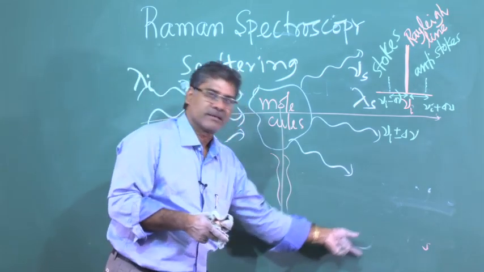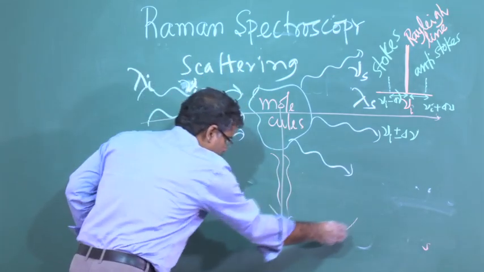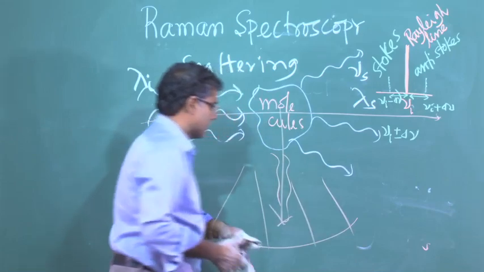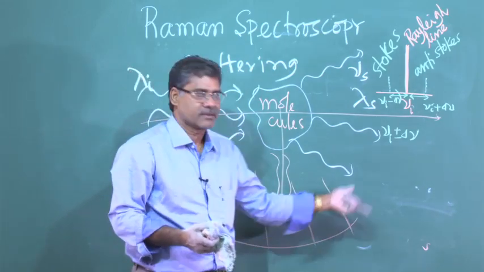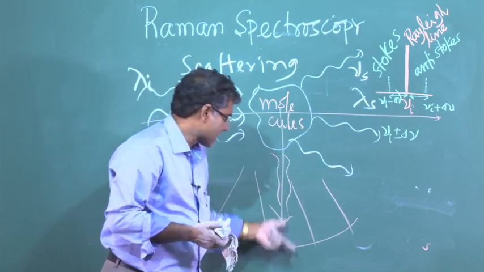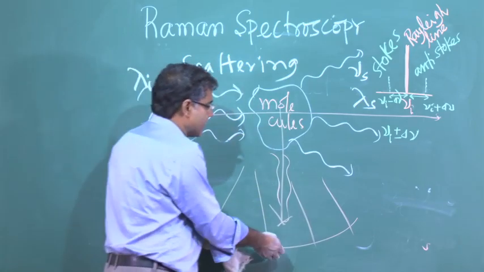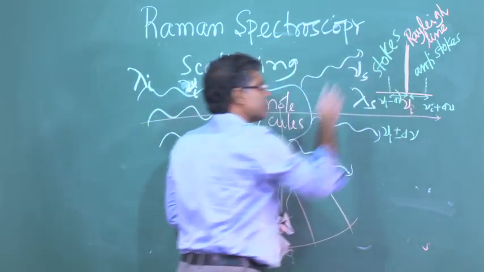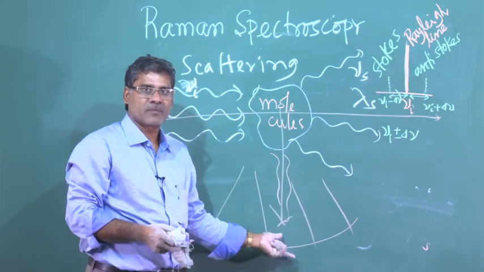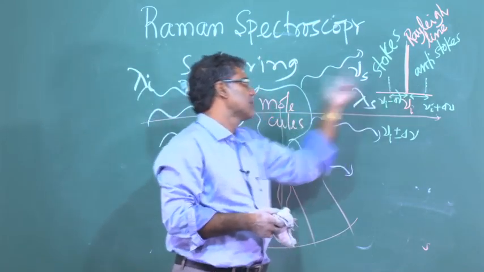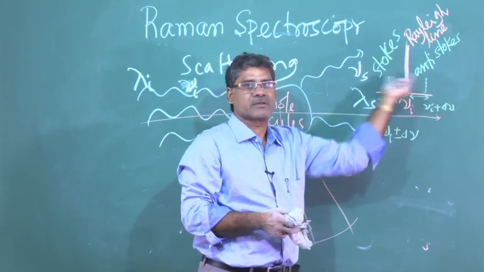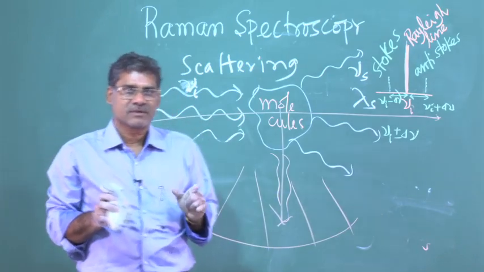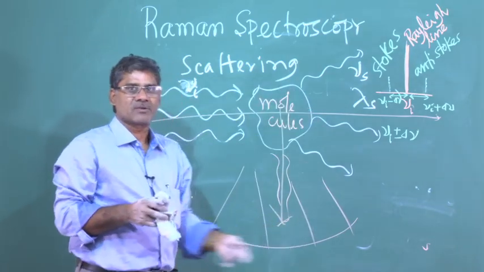Thus you measure the intensity of different wavelengths of the scattered light. Then it is found that most of the scattered light is at the original wavelength, and two other wavelengths or frequencies are also observed. That is the sketch of the Raman spectrometer.